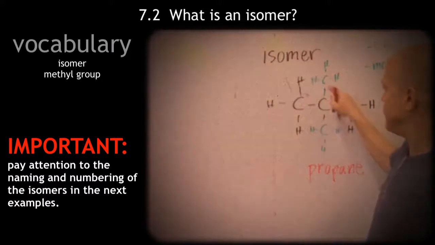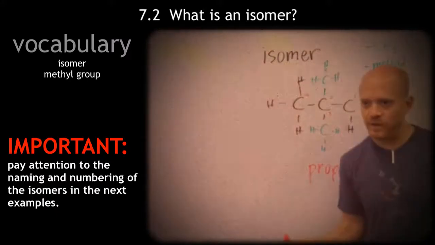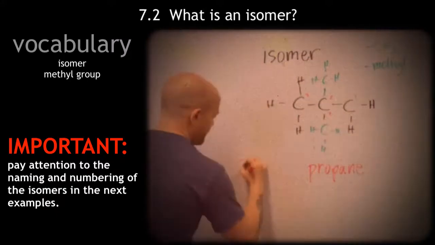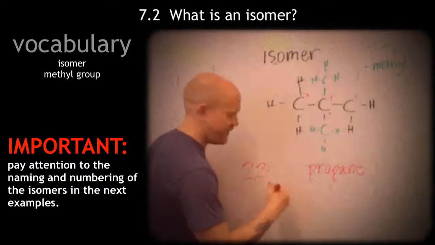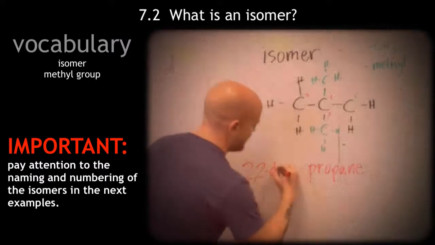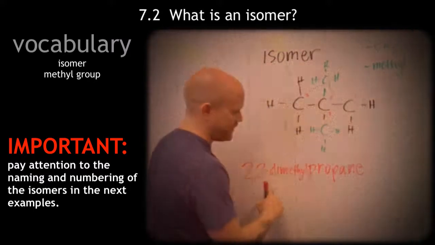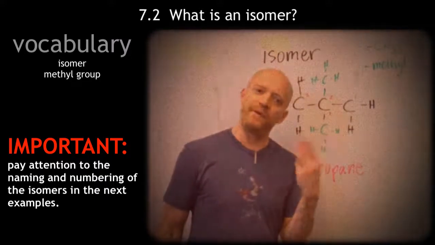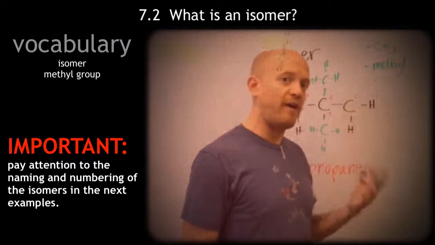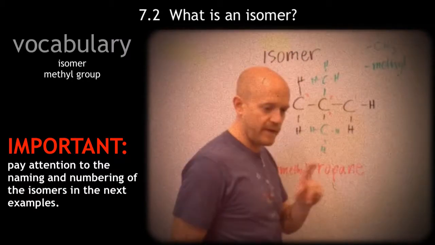This one's on carbon 2, and this one's on carbon 2. So instead of saying 2, we're going to write 2,2, because it's on carbon 2 and carbon 2, and then it's going to be dimethyl: 2,2-dimethylpropane. If you have 3, it's going to be 3 numbers and a tri, and you're not going to find anything on the Regents that has more than 3.